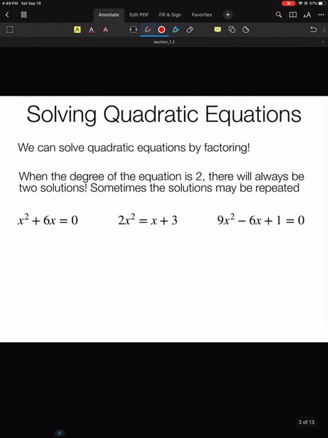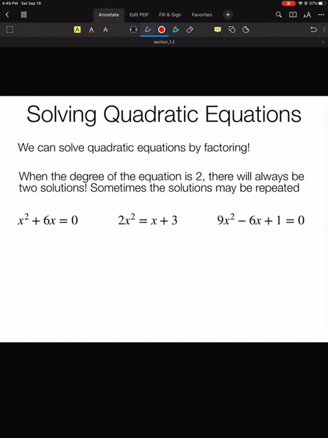Now we're going to start with solving a quadratic equation by factoring. We actually have 4 different methods that we're going to use to solve quadratic equations. Each of them has to do with specific forms of the quadratic equation that make it easy or hard to work with.